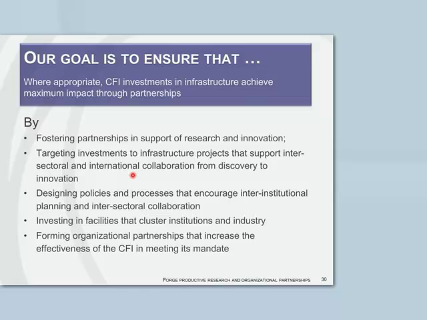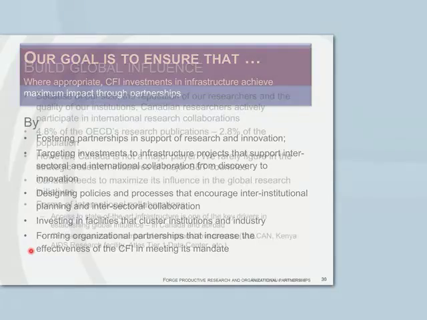The third point is designing policies and processes that encourage interinstitutional planning and intersectoral collaboration. And we have to make sure that we provide the support to facilitate this collaboration amongst institutions and between sectors. And then, investing in facilities that cluster institutions and industry. And finally, forming organizational partnerships that increase the effectiveness of the CFI in meeting its mandate.